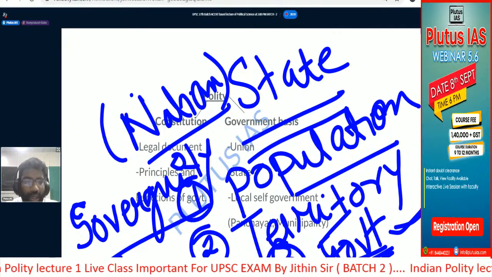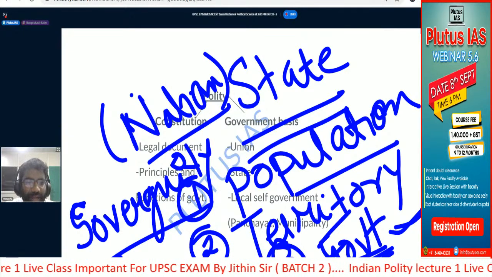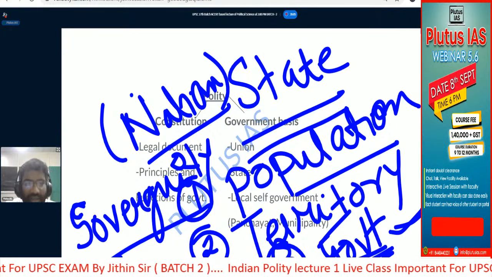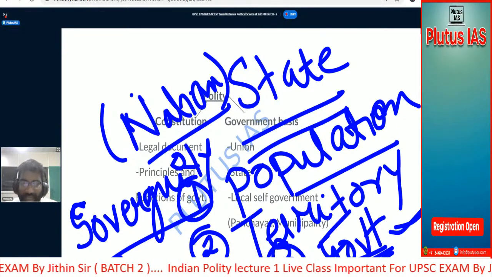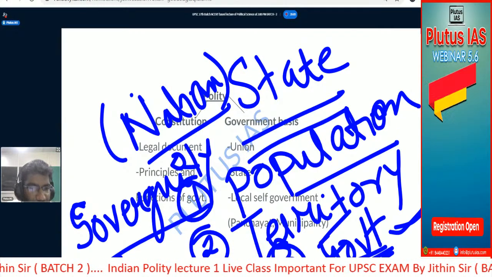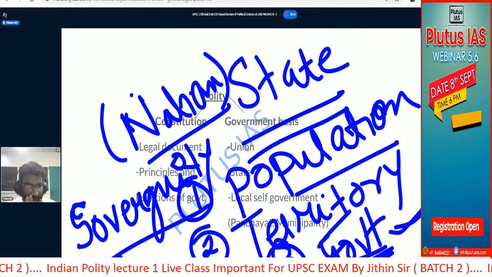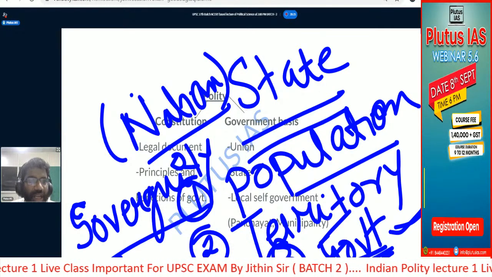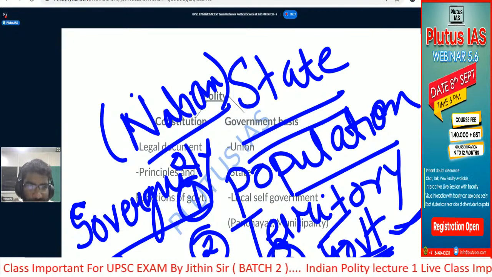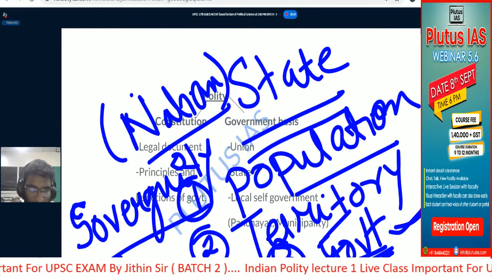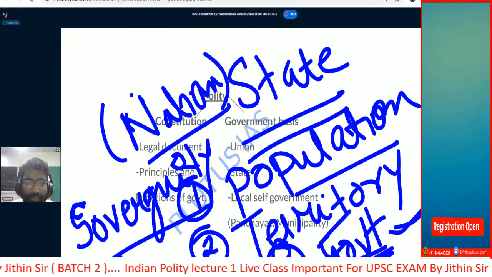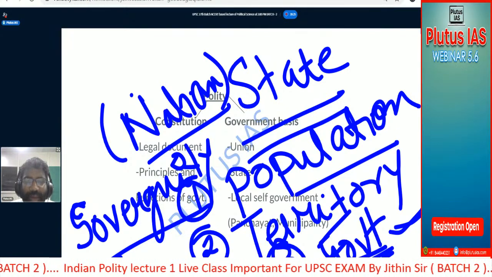Just write down: there are four elements of the state. In brackets, write down nation, because state means nation. Vipul, have patience. The first element is population.